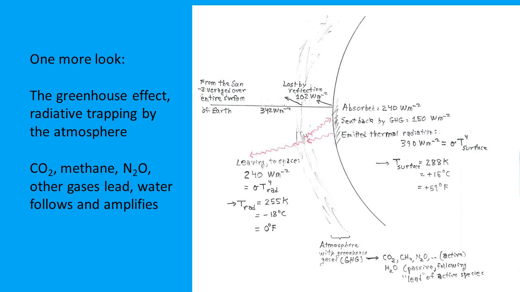Okay, so then how does that radiation leave? Well, the average temperature of the Earth is not what would be determined without an atmosphere. It's 390 watts per square meter.